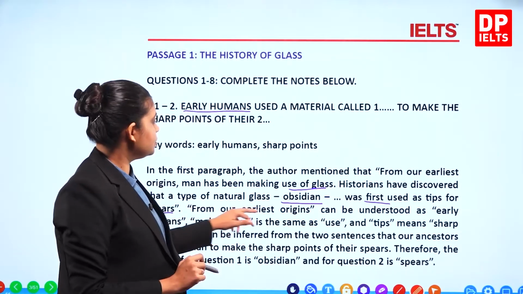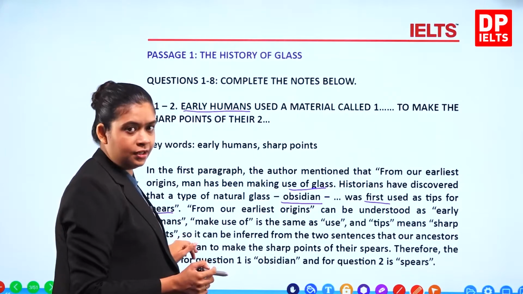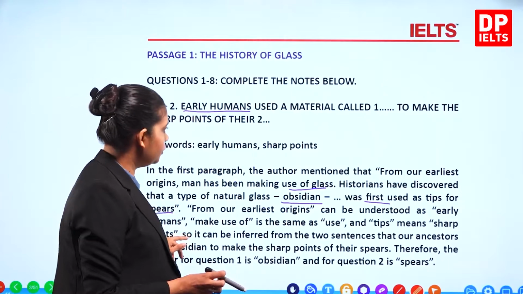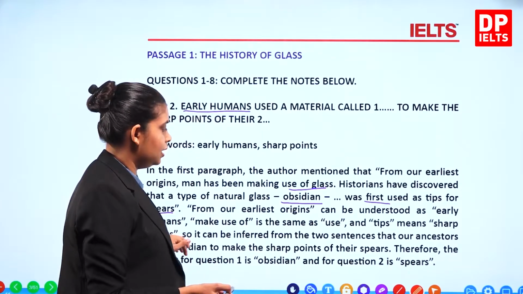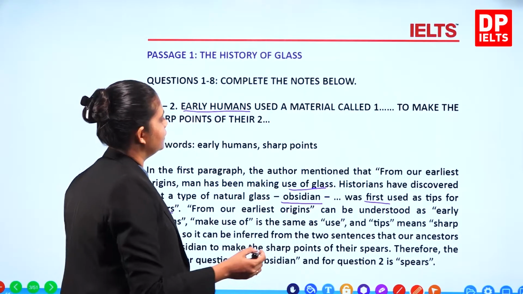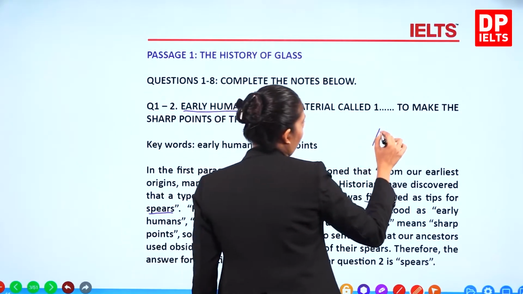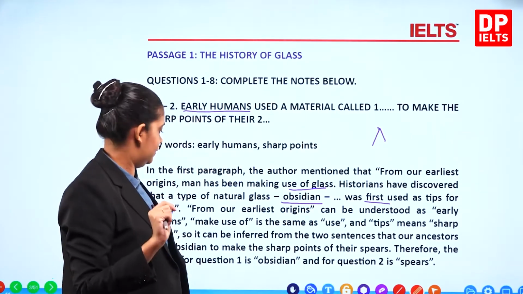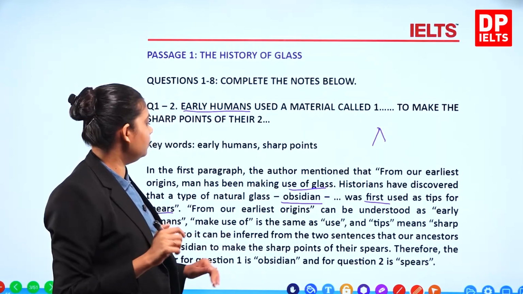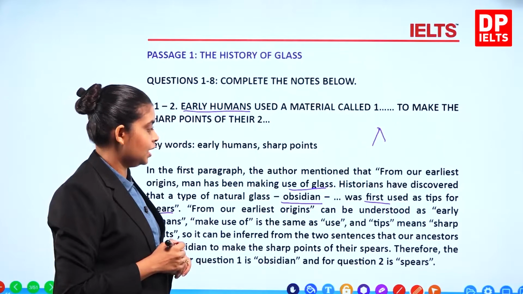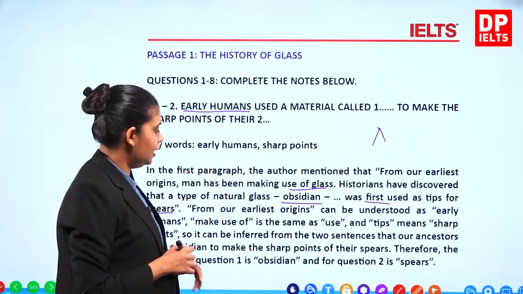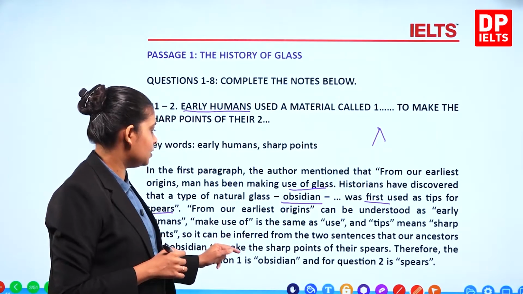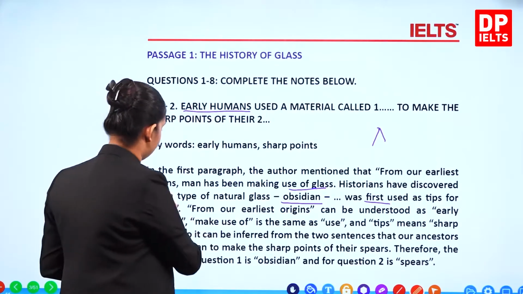From our earliest origins can be understood as early humans. Make use of means that they use it. Tips means sharp point. So we say the tip of a pen. Tip means it's usually a sharp point, right? So it can be inferred from the two sentences that our ancestors used obsidian to make sharp points of their spears.